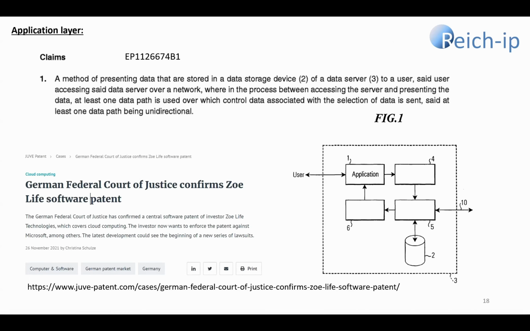You only have a data storage device and a data server, which are commonly known concepts, of course. So with this little bit of hardware, we were able to receive a grant. So as you see from this claim, there's not much required for obtaining a software patent. And we are really proud this patent is really valid.